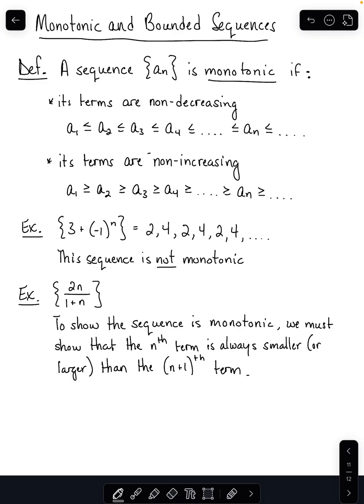So what we would need to show here is we need to compare the nth term to the n plus 1th term. And the question is, what symbol should be in the middle? Should it be a less than or a greater than? We don't know yet.